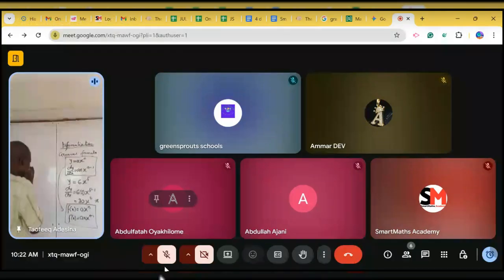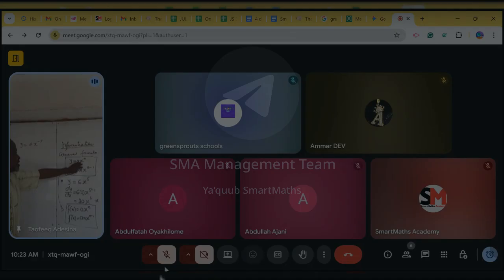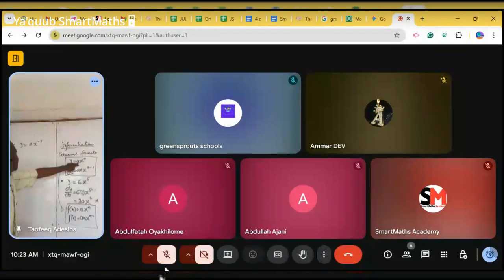So let us look at another example. Let's say y equals 4x raised to power minus 5. If you compare that with what we have inside the box, y remains the same, a is 4 and n equals negative 5.